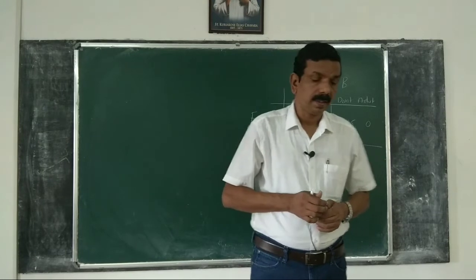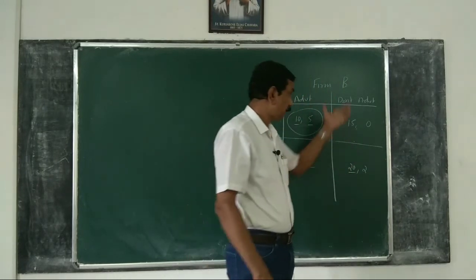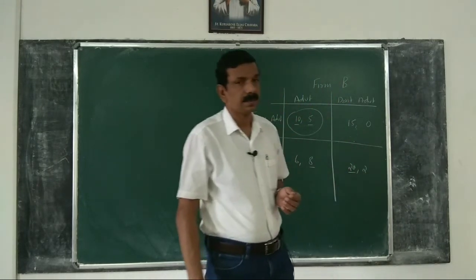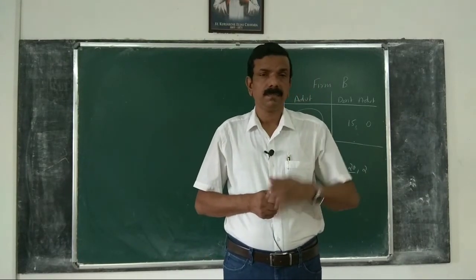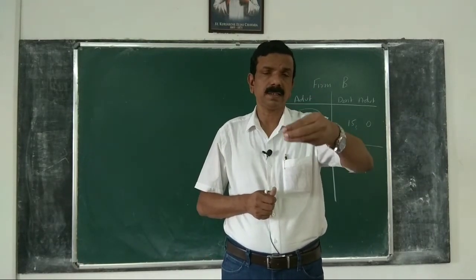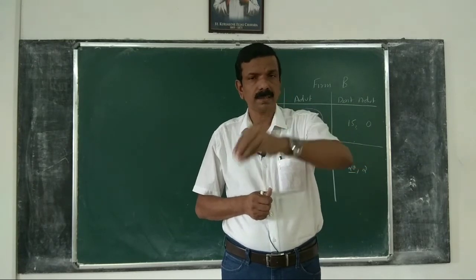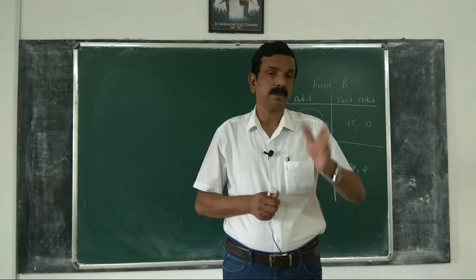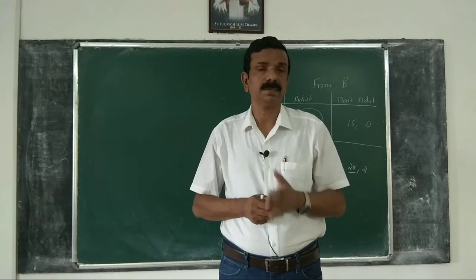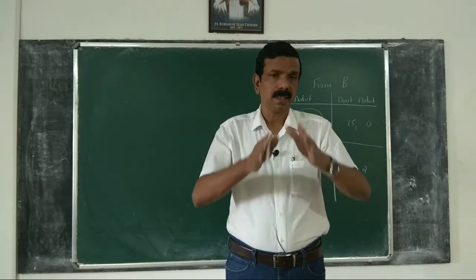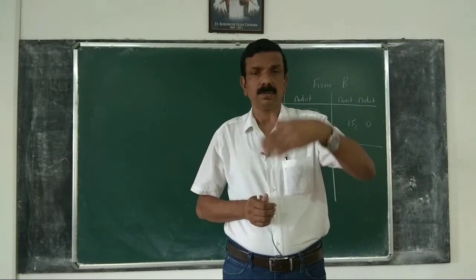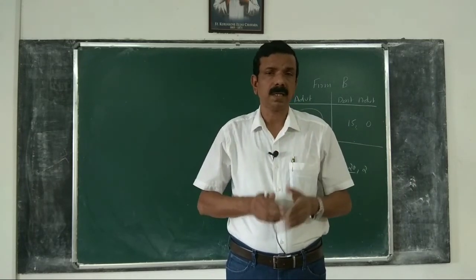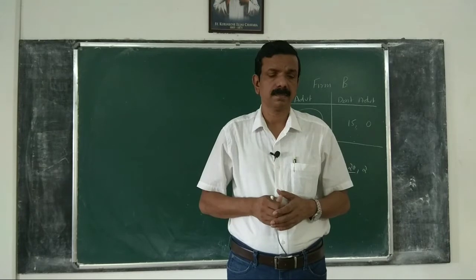And dominant strategy equilibrium is a special case of Nash equilibrium. It means dominant strategy is automatically Nash equilibrium. But Nash equilibrium is a wider concept. It includes dominant strategy equilibrium as a special case.